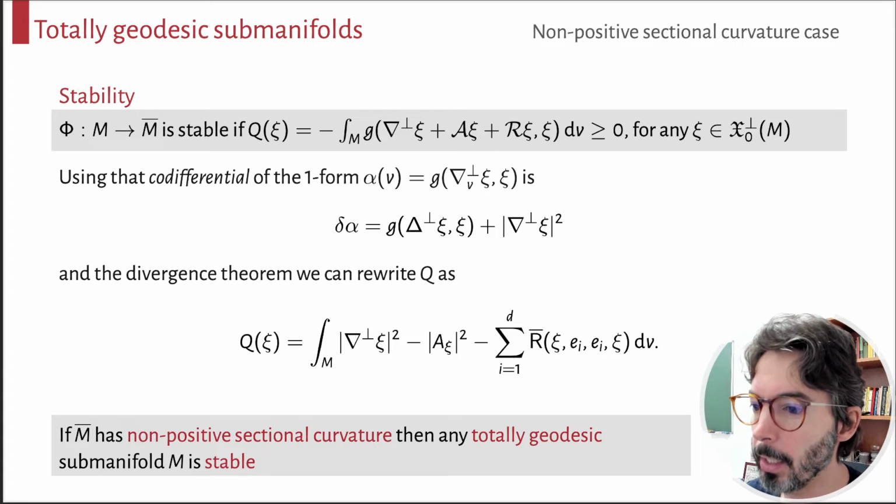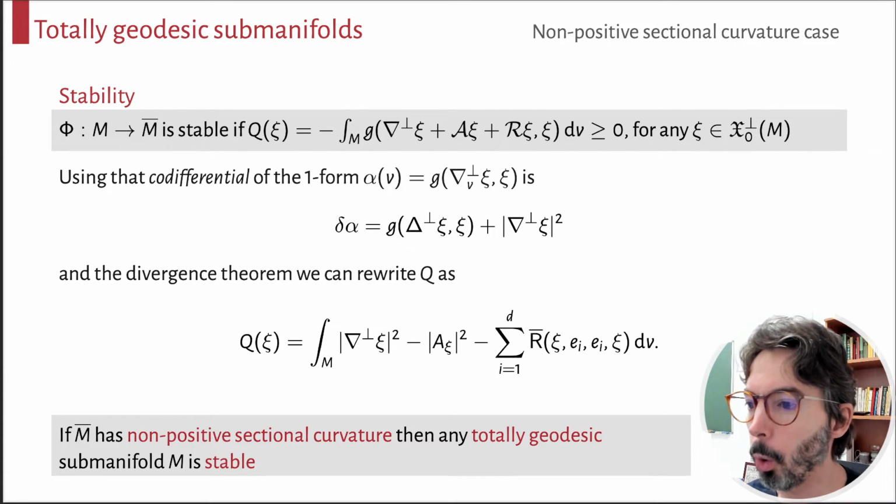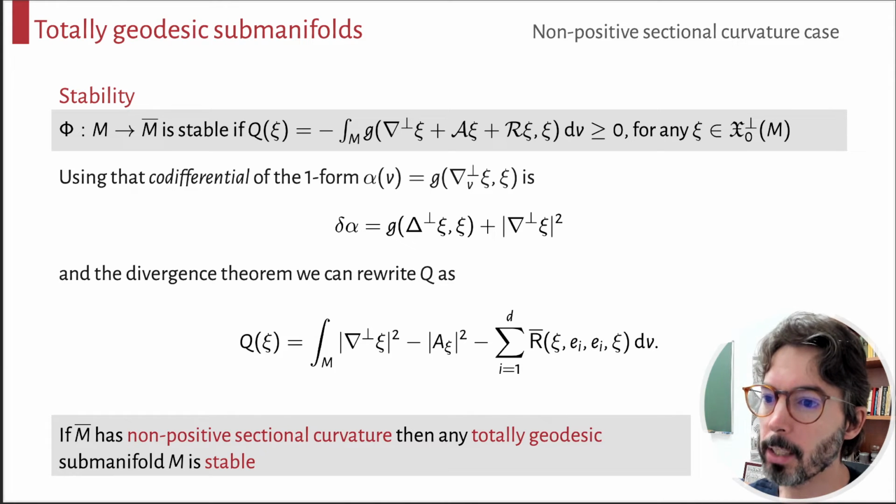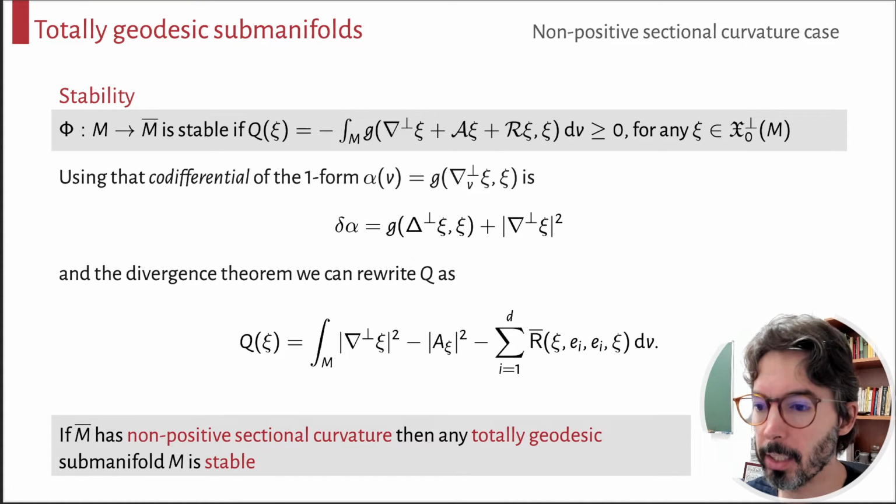Then any totally geodesic submanifold in this kind of ambient space is always stable. So what happens when the ambient manifold has positive sectional curvature? In the rest of this part, we will analyze those cases when our ambient manifold is a sphere.